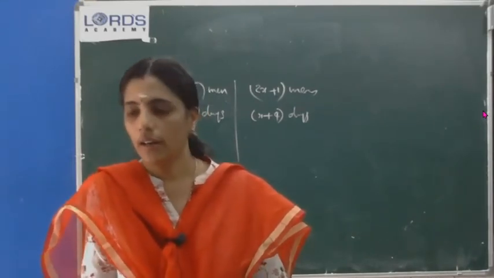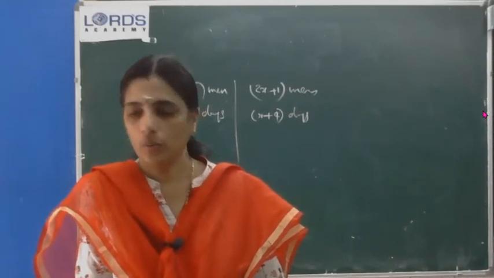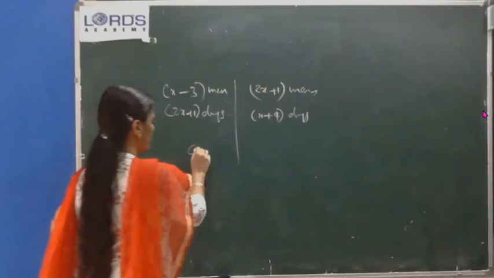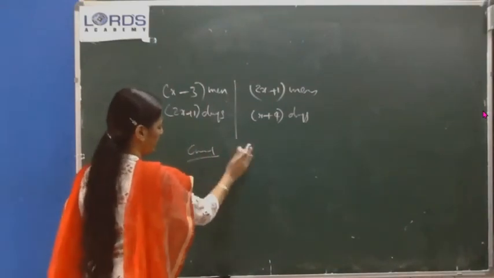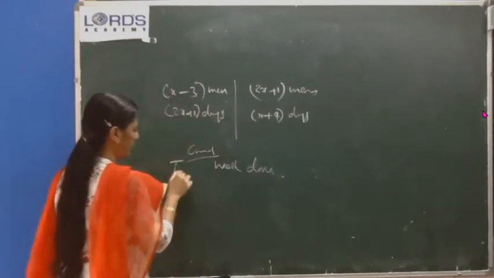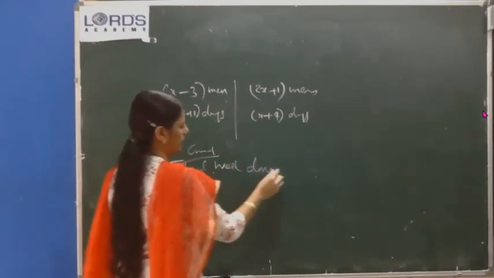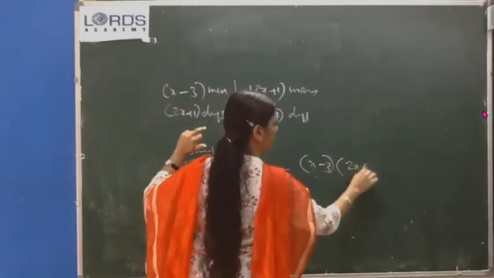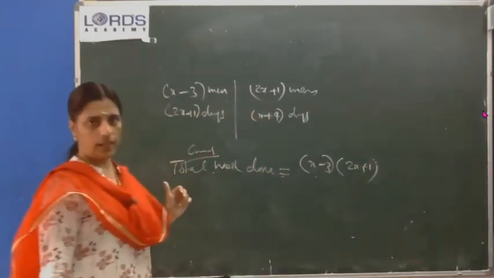So, first case, you write: Case 1, total work done equals x minus 3 into 2x plus 1, correct?